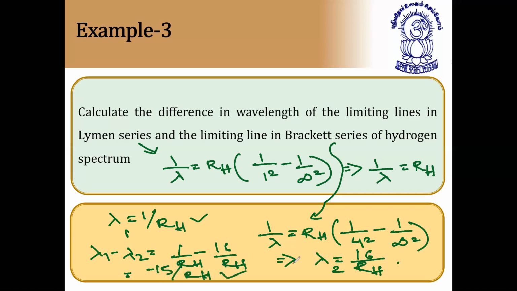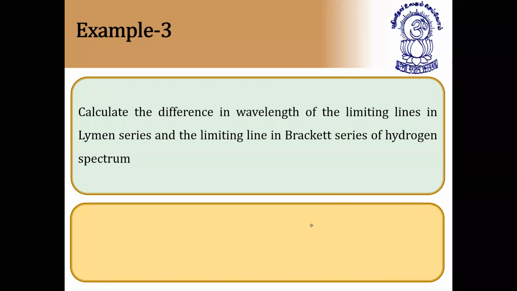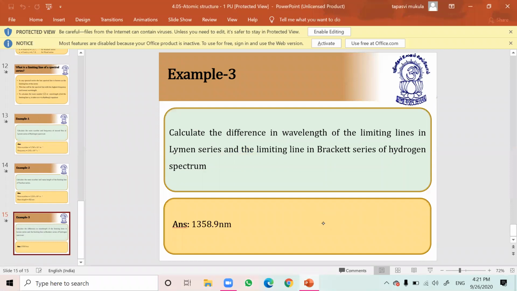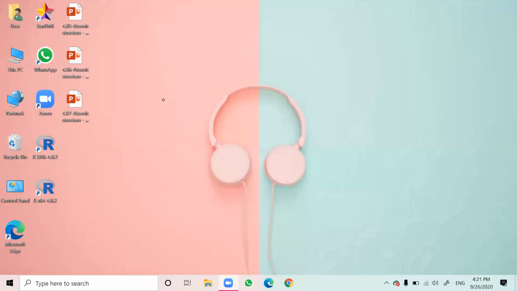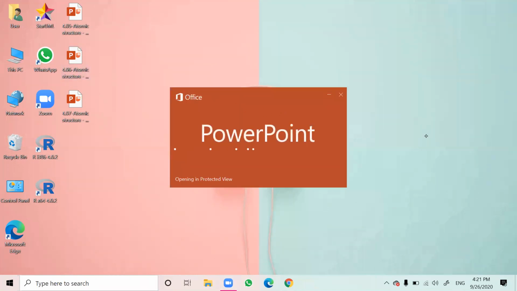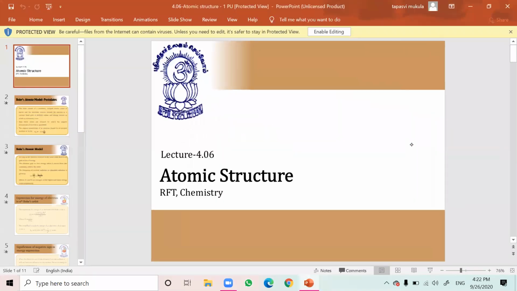So if they have given the value, you have to substitute the RH value also. So see, without substituting the RH value, I'm giving the explanation. I hope this is clear for you. You can see the answer now. So it is 1358.9 nanometers. That is 15 by RH, the value also you have to substitute. Then you can get the answer. So all the calculations I'm not doing, because you are supposed to do the calculations. So only formula wise I'm explaining it. I hope this is clear.